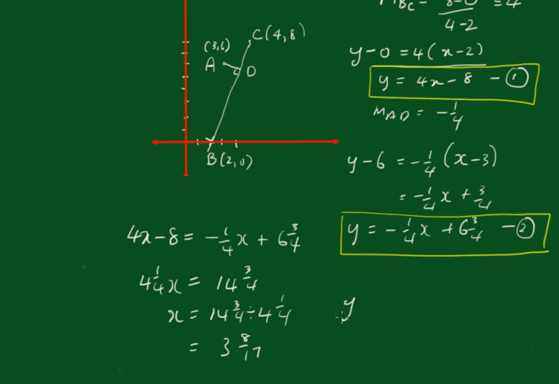Substitute that back into equation 1. We get 4 times 3 8/17 minus 8, and that gives the result of 5 15/17, and that's what we got before.